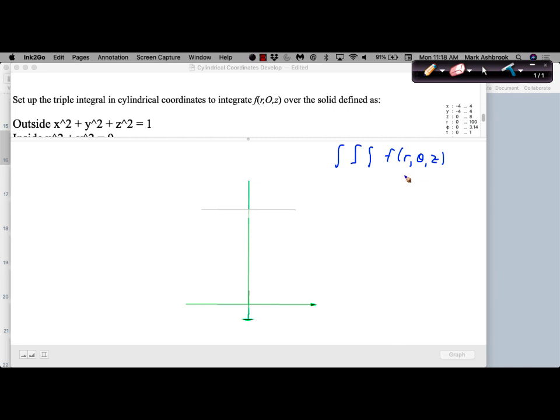What is x? x is r cos theta, y is r sin theta, z is z. Okay? And then in cylindrical coordinates, we'll always go bottom to top first. And then what after that? r dr d theta, right? So we'll go bottom to top, and then this will be our polar double integral.